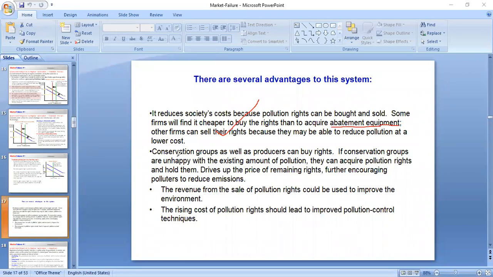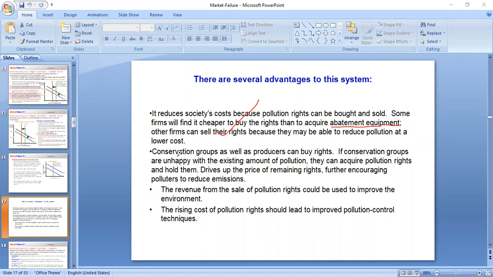And then also with these tradable permits, we realize that conservation groups, for example environmentalists, can also buy these tradable permits, therefore buying the right to pollute. When they buy these permits from the government, they are denying these polluting farms from acquiring them.